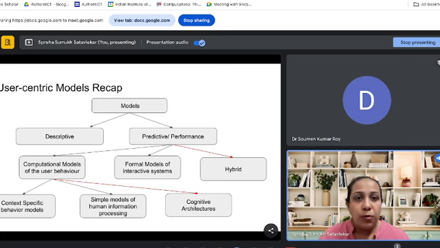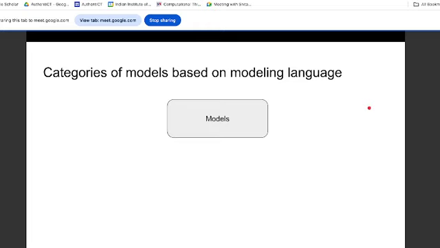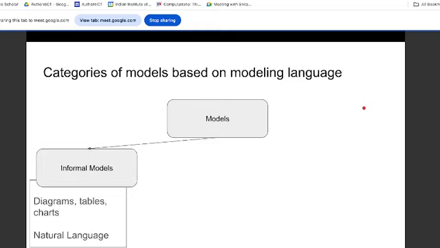We will now move on to the next part. So we will now talk about the formal models of interactive systems. Based on the modeling language that we use, for the computational models, we have informal models, which we discussed very initially.